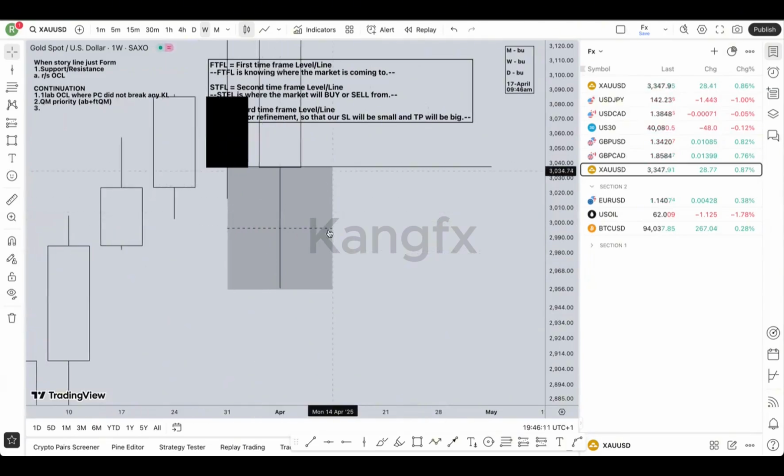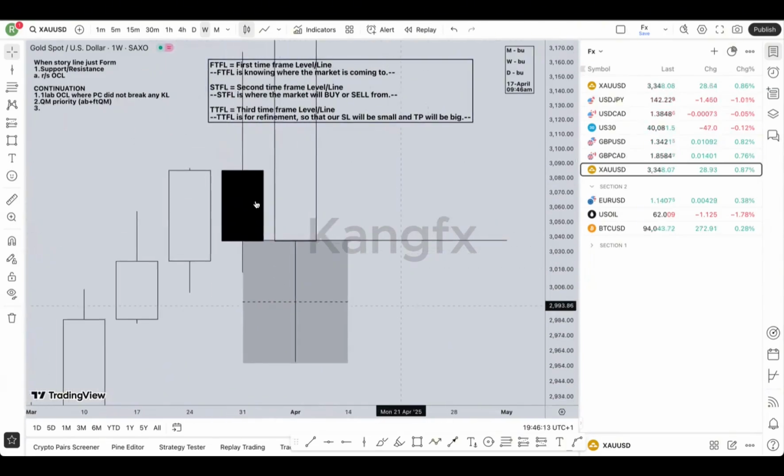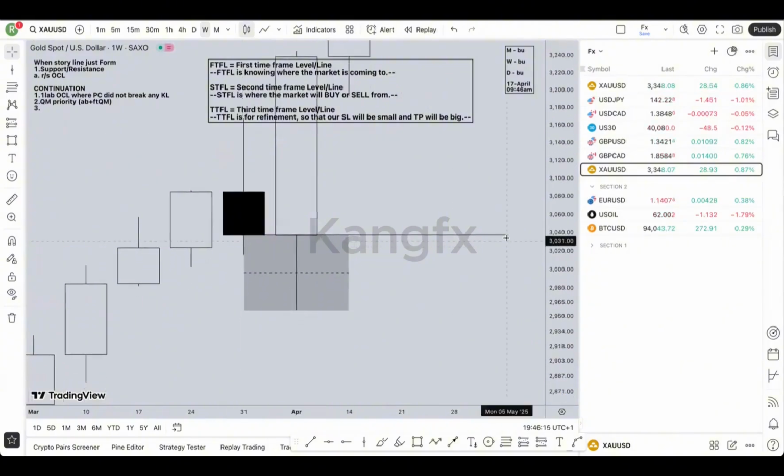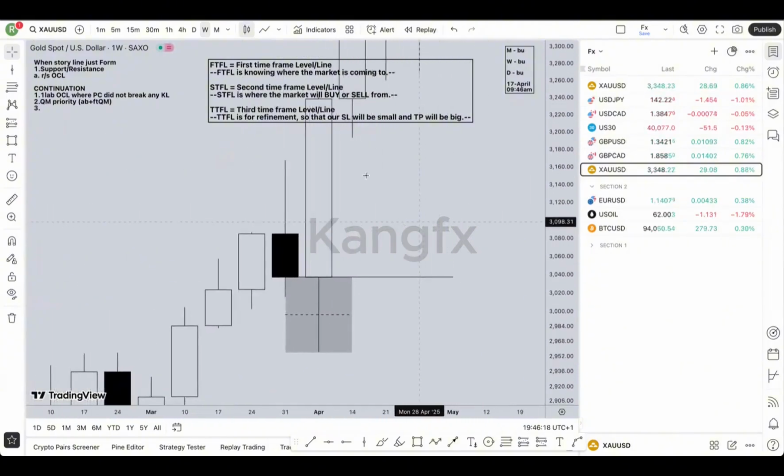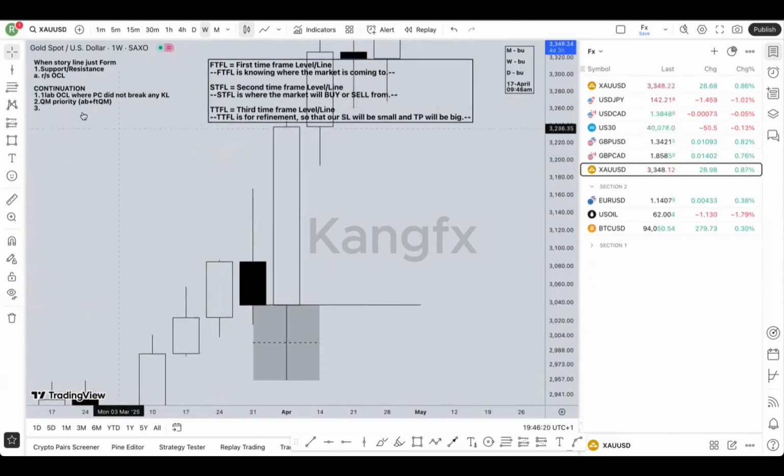And after marking this, we go to this weekly time frame. From the weekly time frame, when we are marking, if our FTFL is on weekly, let me write that out.